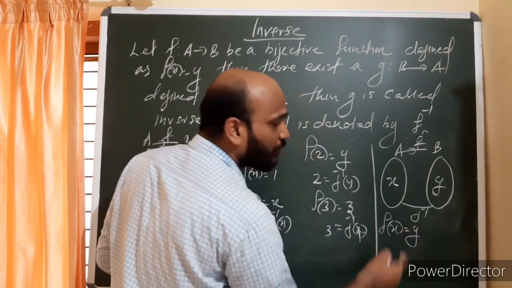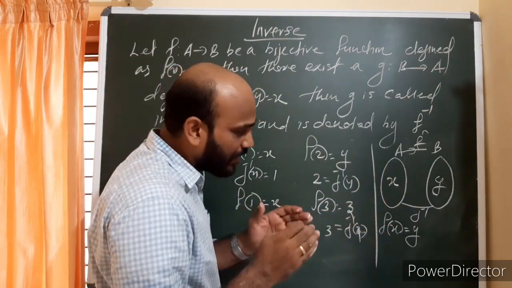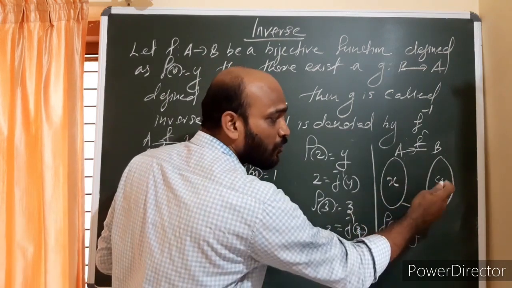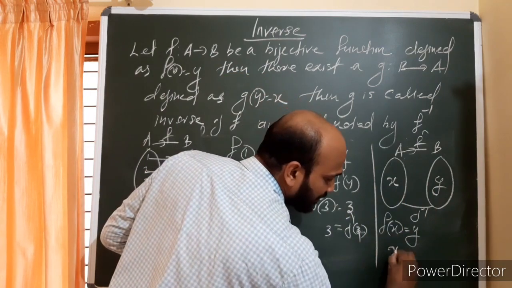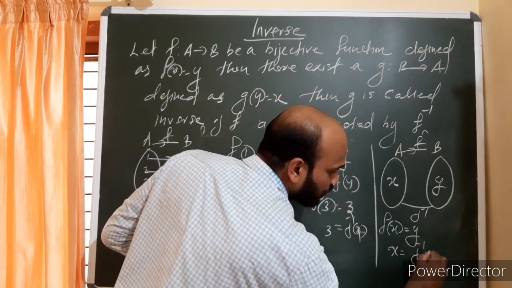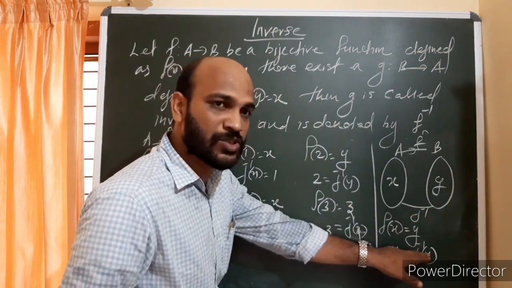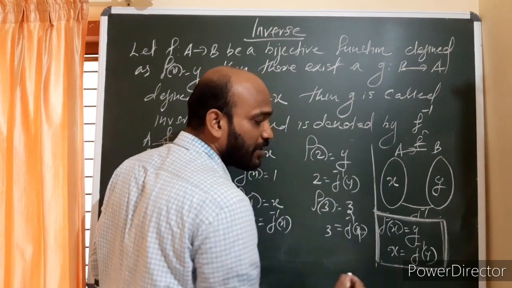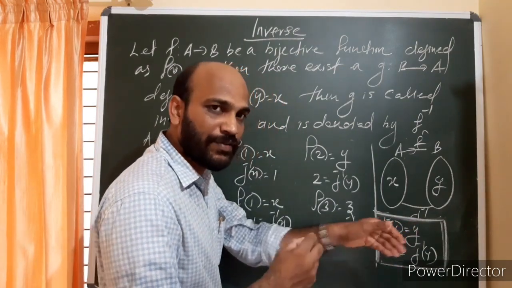Since f inverse exists, f inverse of y will be x, means image of y will be equal to x under the function f inverse. So f of x equal to y, then x equal to f inverse of y. This definition we will use for finding the inverse of a function.